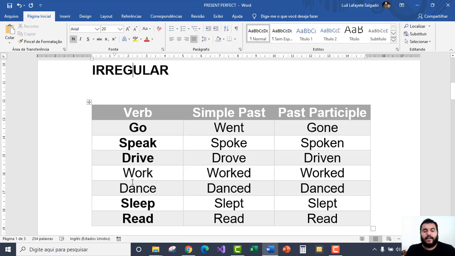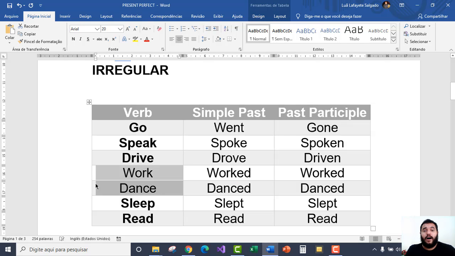It's a normal way, okay? Why am I giving this emphasis? Because go, speak, drive, sleep, and read are irregular, and work and dance are both regular verbs. That's the difference between them.